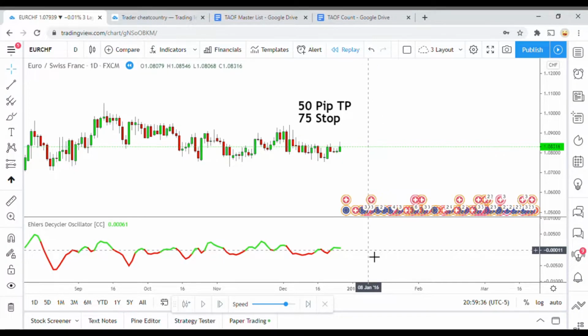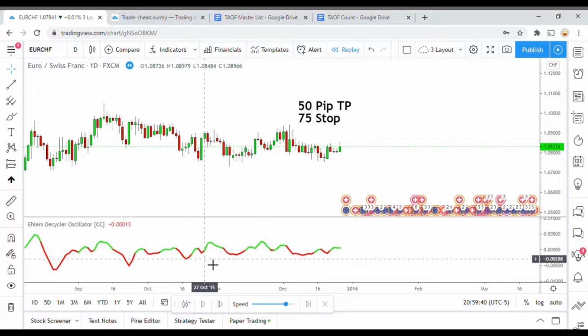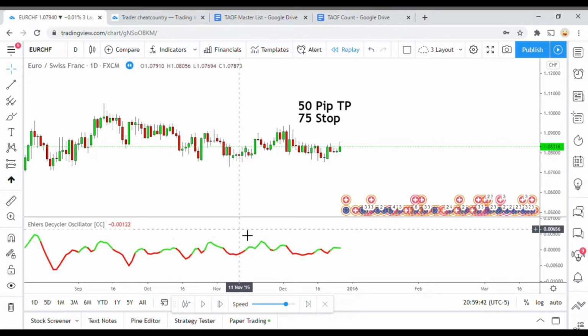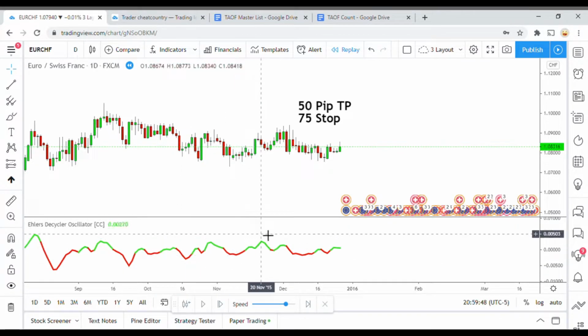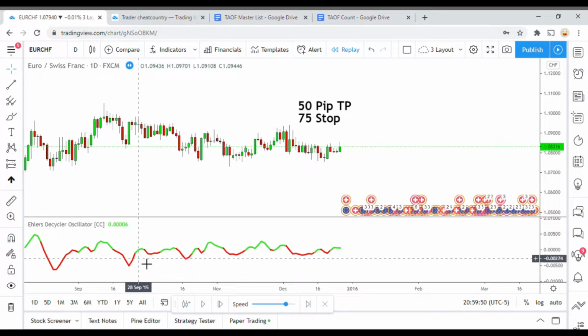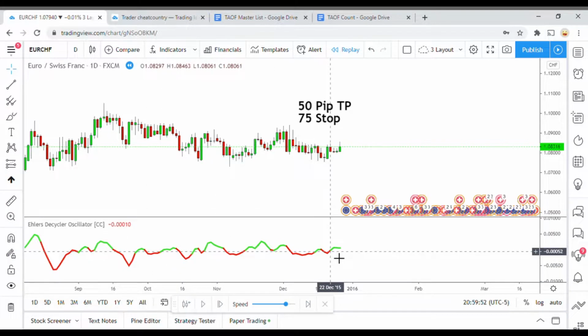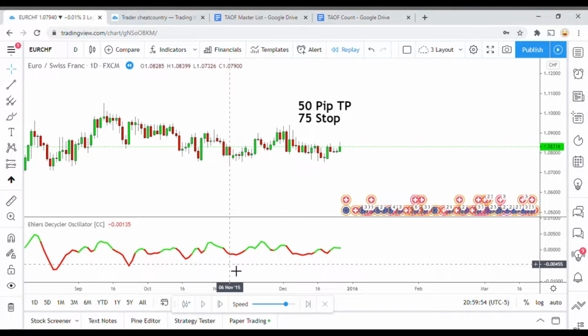He mentions that there is a zero line cross, that when the oscillating line crosses up over the zero line, that is a signal of an uptrend. And when it crosses down below the zero line, that is a signal for a downtrend.